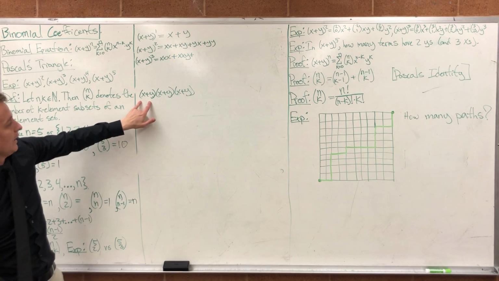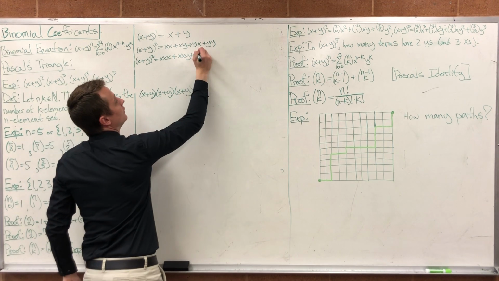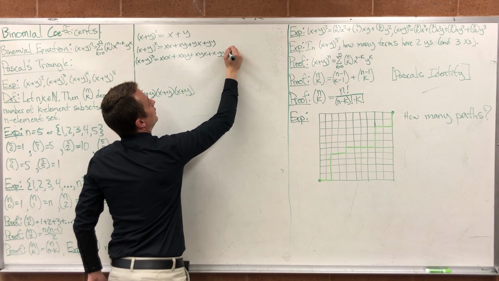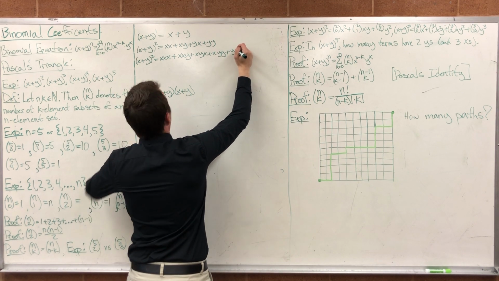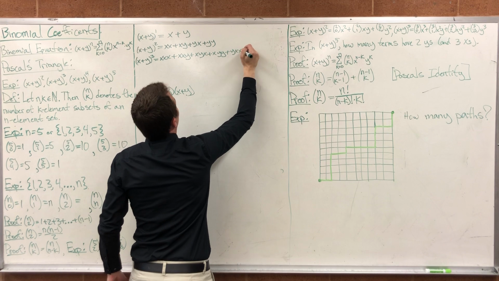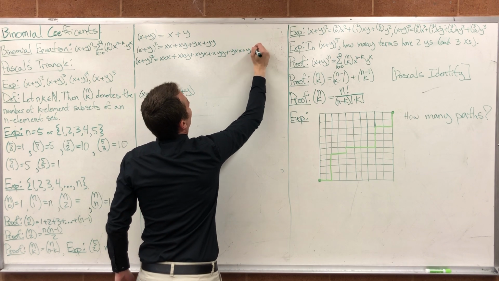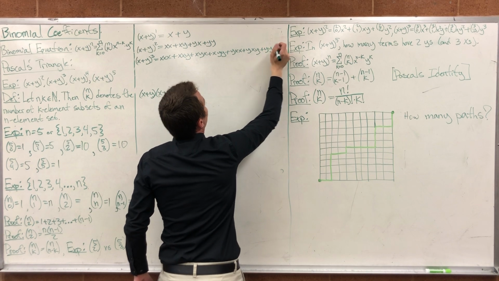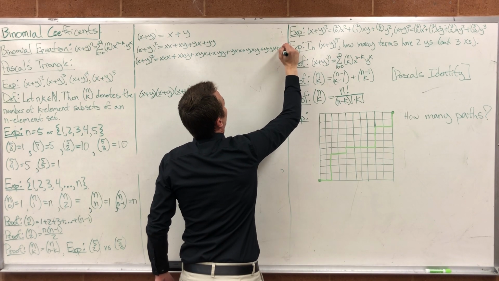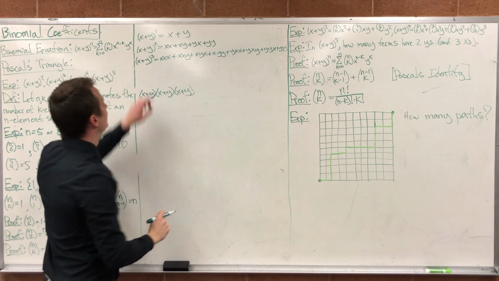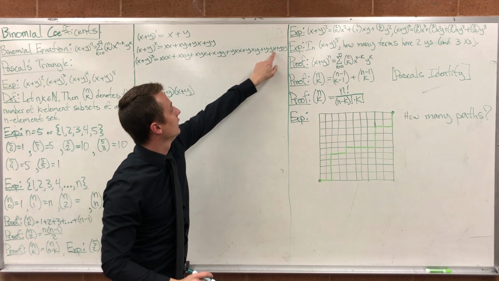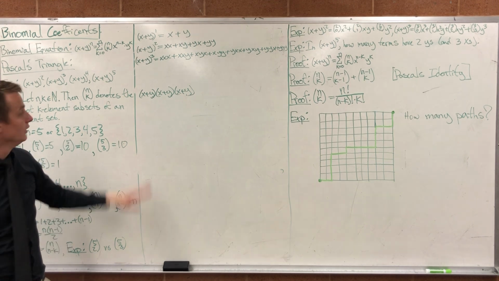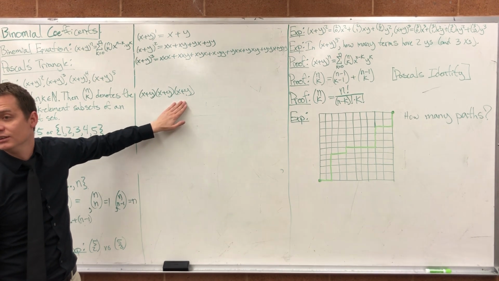Now I can do the x from here, the y from here, the x from here. Plus xyy, plus yxx, plus yxy, plus yyx, plus yyy. Did I get them all? 1, 2, 3, 4, 5, 6, 7, 8. Perfect, we got them all. That's expanding this out.